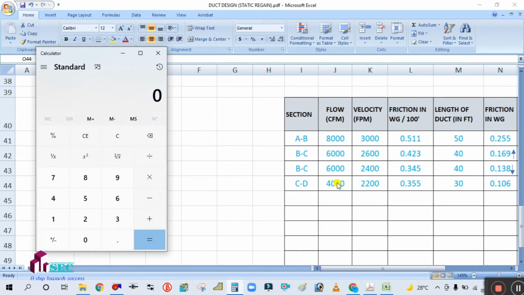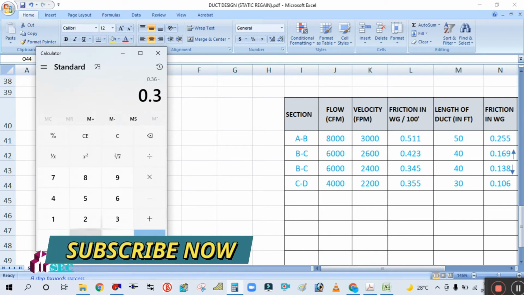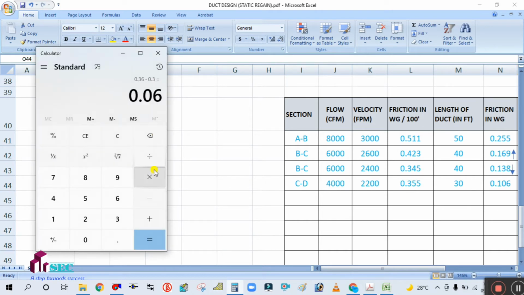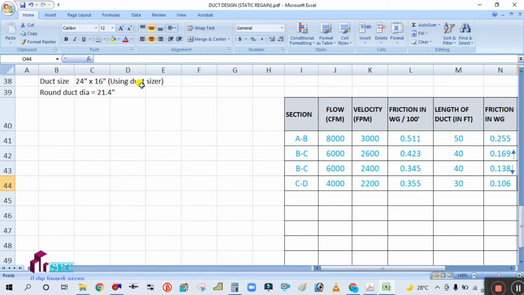And again V2 is nothing but 2200. 2200 divided by 4000 equals 0.55, into 0.55, so 0.30. So 0.36 minus 0.30, so this is your value 0.06, and multiply by 0.9, which is nothing but 0.054.